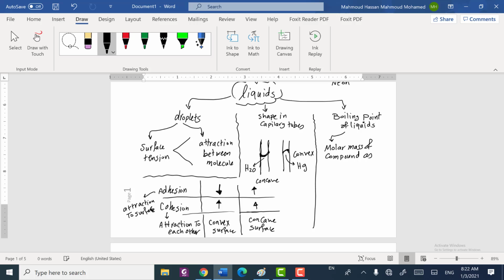As molar mass increases, the boiling point increases.